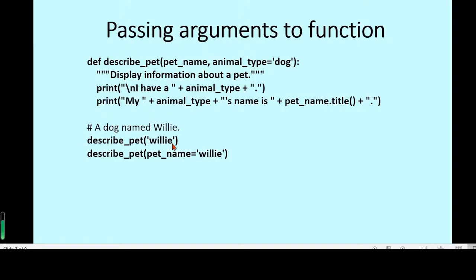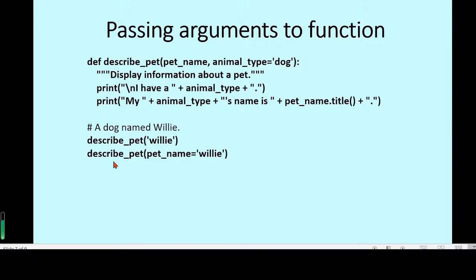You need not input a dog, but the function definition with the default value has to be put after the parameters without default values. So dog, because the default value for animal type is dog, we have to put this parameter at the end in the function definition.